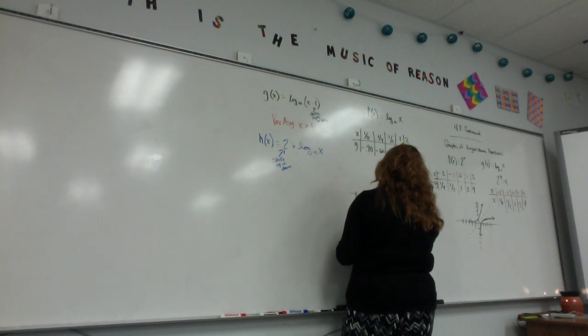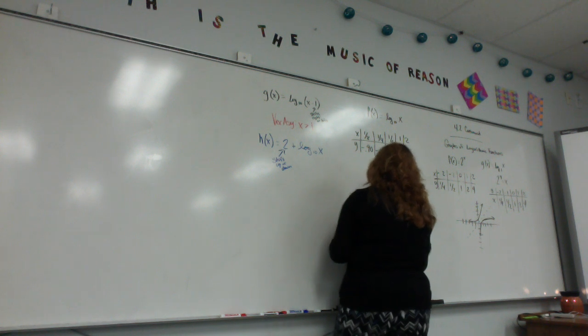So 1, 2. This is right there. So it will be 1, 2, 1, 2, and so this graph shifts like this. Okay, the vertical asymptote stays the same.